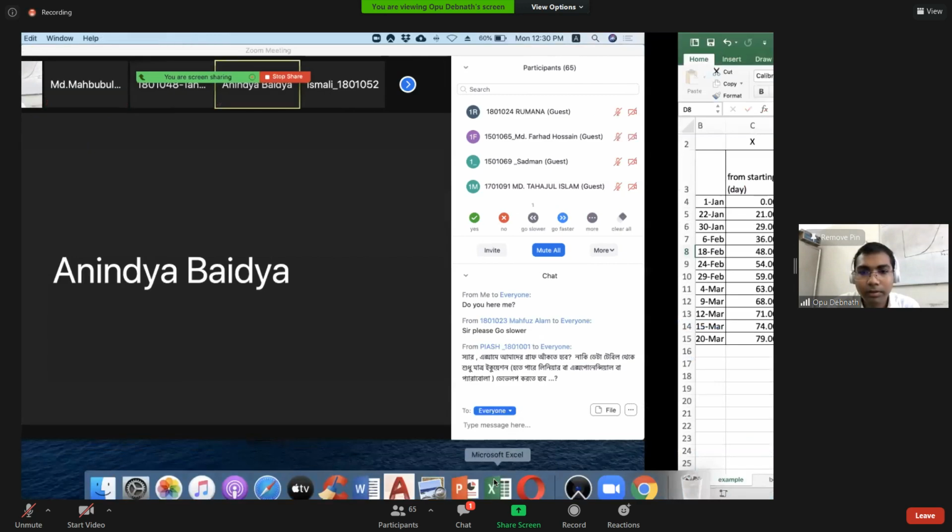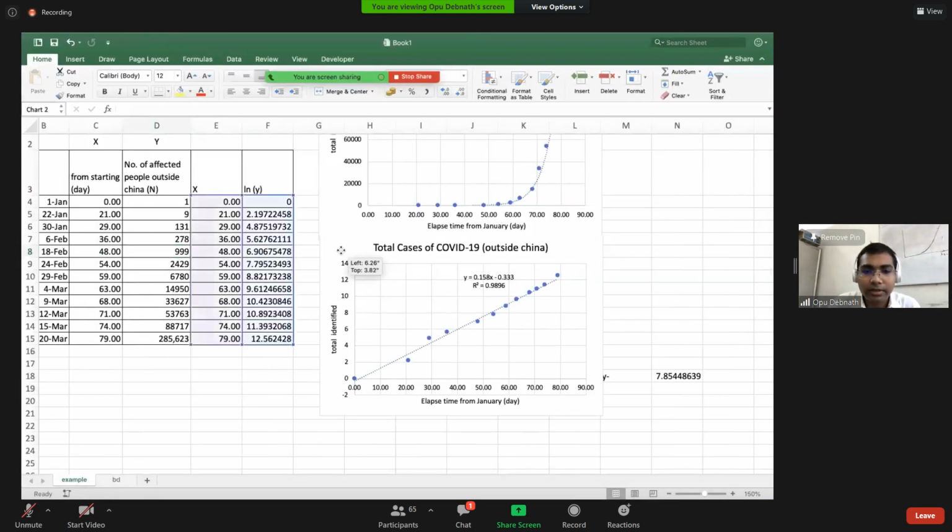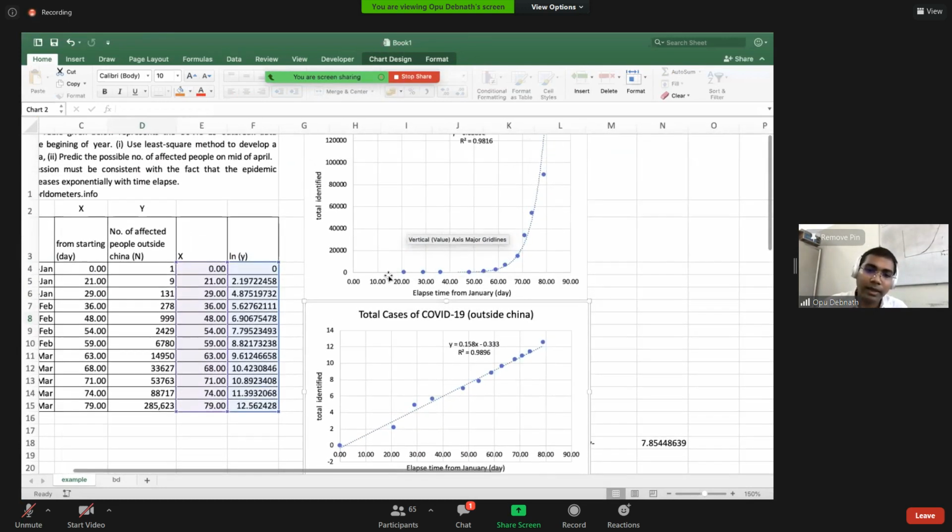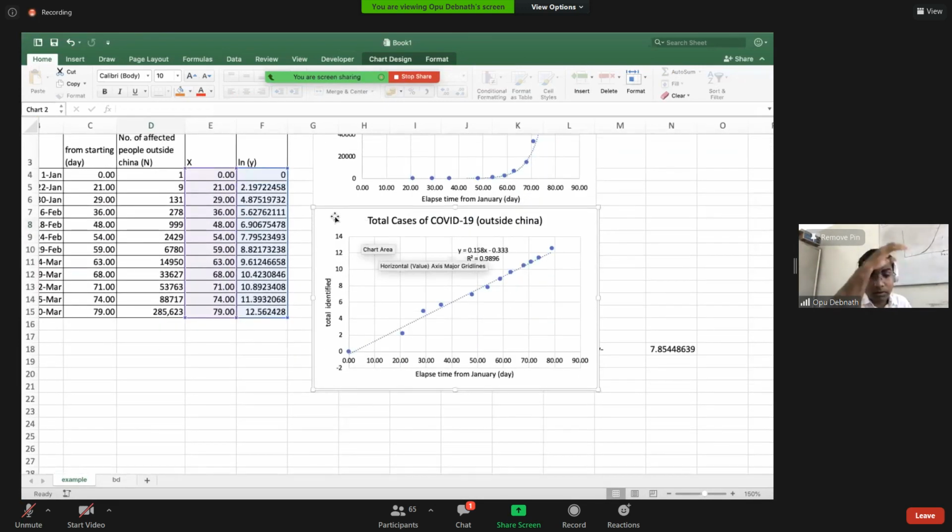So the second case here, as I discussed earlier: in Excel, I can plot exponential regression. If I want to do the same thing manually, what can I do?